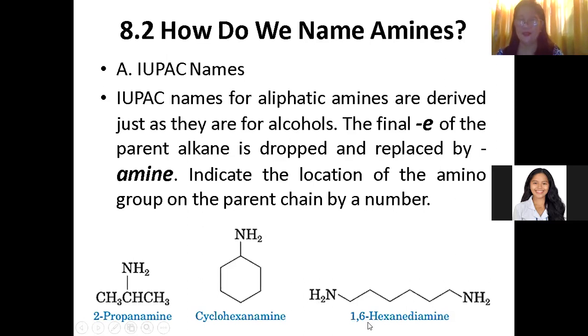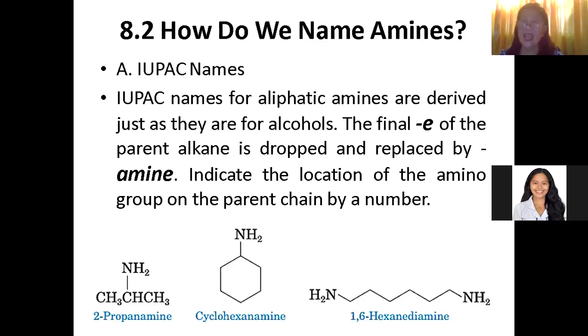Okay. This one here, we have two amines. The same thing. You are going to add the di, the tri, the tetra. So if it is one here, 1, 2, 3, 4, 5, 6. So this is hexane. And how many amines?